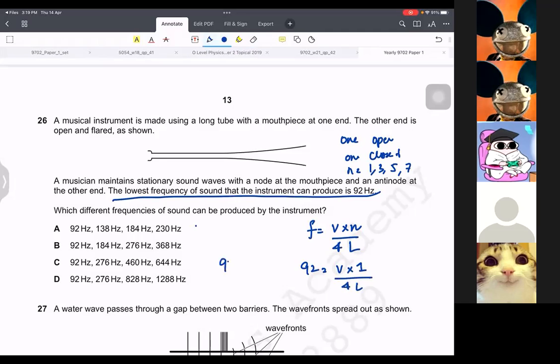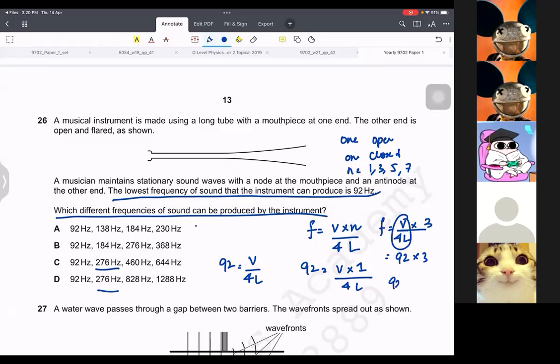It means 92 is equivalent to V upon 4L. Now, it says which are the different frequencies. The next one will be frequency equals V over 4L with n equal to 3. We already know this is 92, so 92 times 3 is 276, I think. Then the next is going to be 92 times 5, which is 460. So that has to be the answer. Very simple.